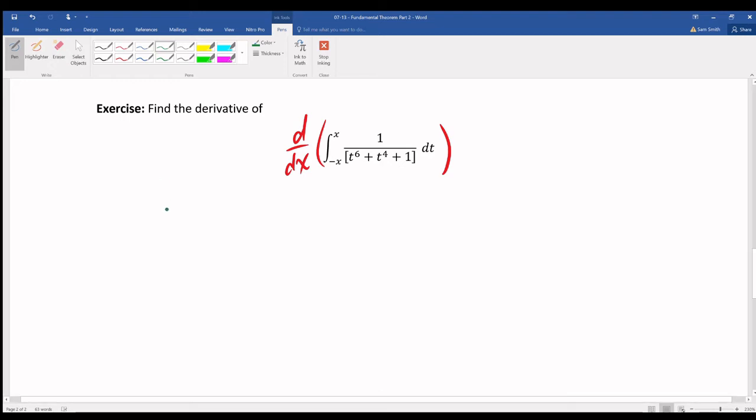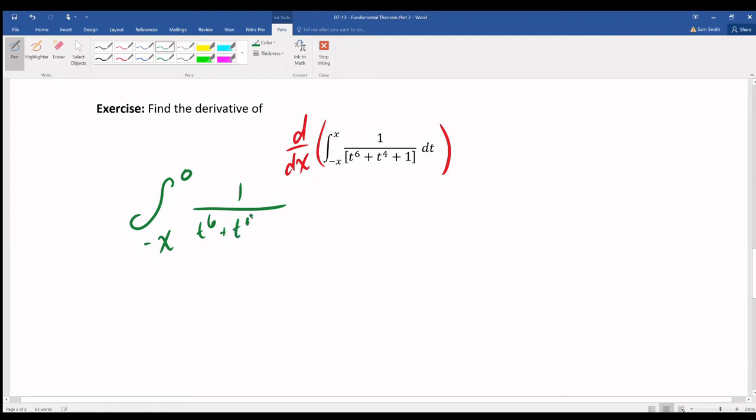To begin with, I'm going to take this integral and split it apart as two separate integrals. I'm not going to integrate all the way from negative x to x. I'm going to take a stop along the way, and I'm going to integrate from negative x to 0.